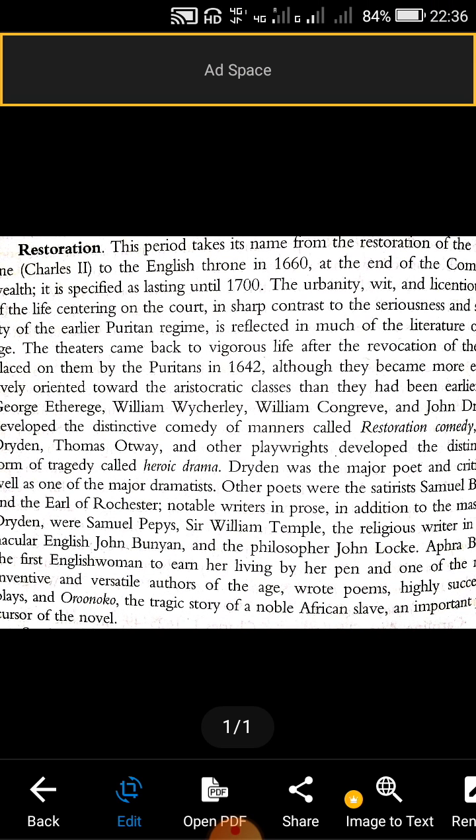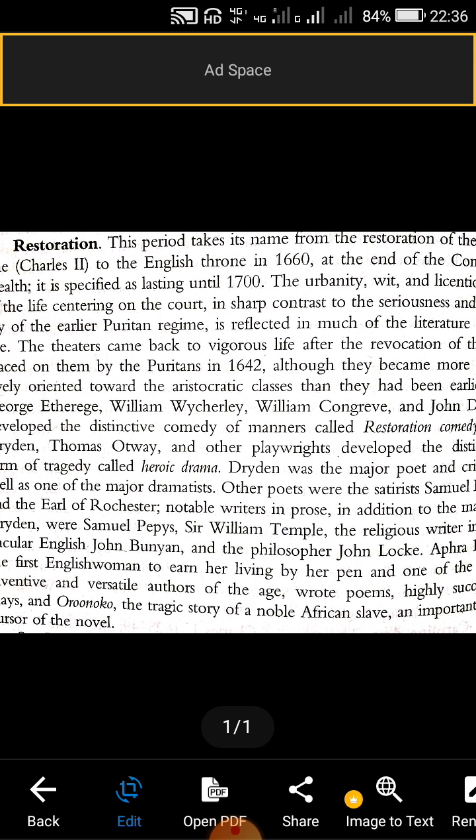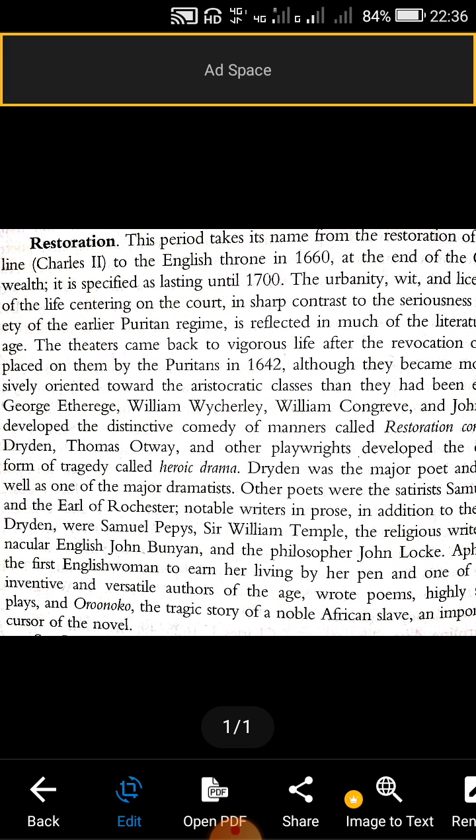It runs from 450 to 1066. Then comes the Anglo-Norman period, which remains till 1350.